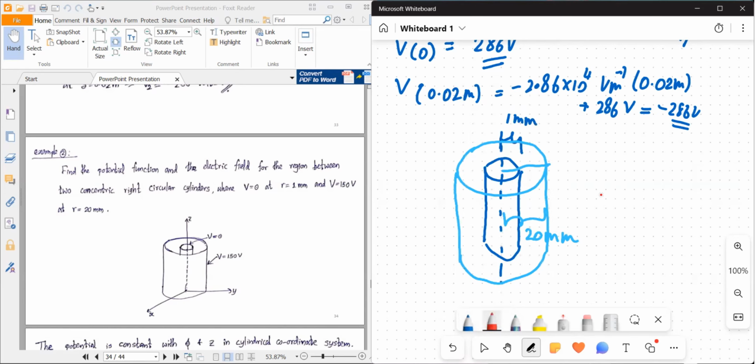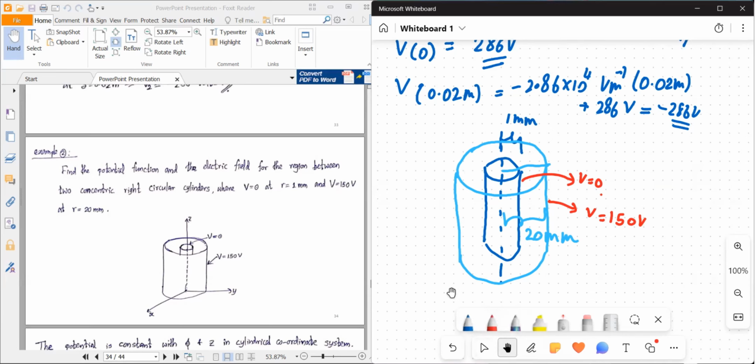And then the potential along this inside cylinder is 0. And then potential along this outside cylinder is 150 volts. So we need to calculate the potential function and the electric field for the region between these two concentric right circular cylinders. So we need to calculate the potential in between these two cylinders in this region.